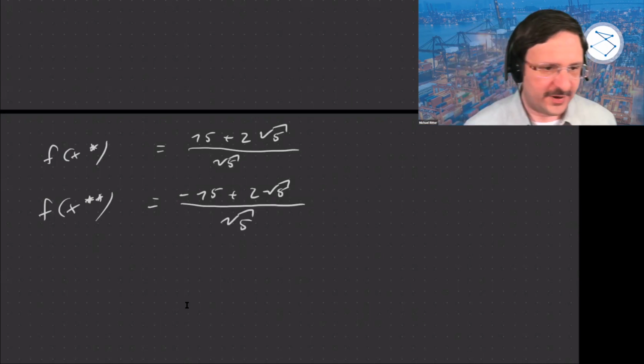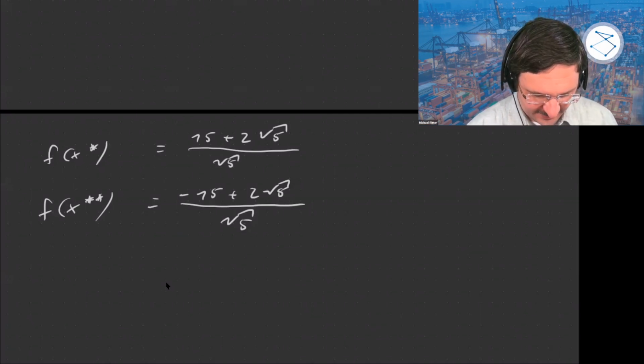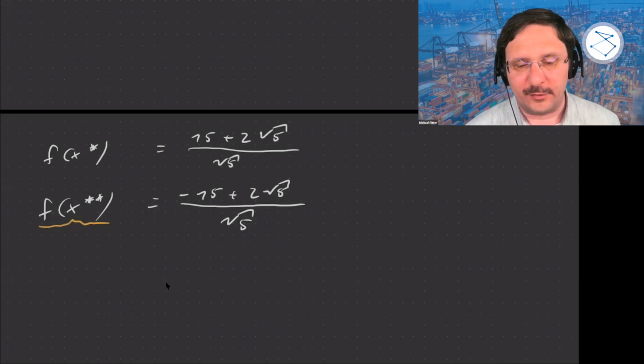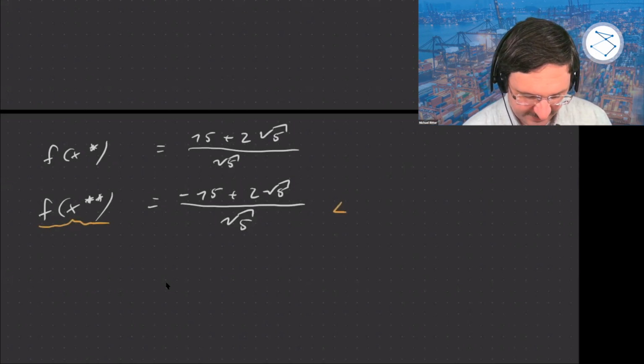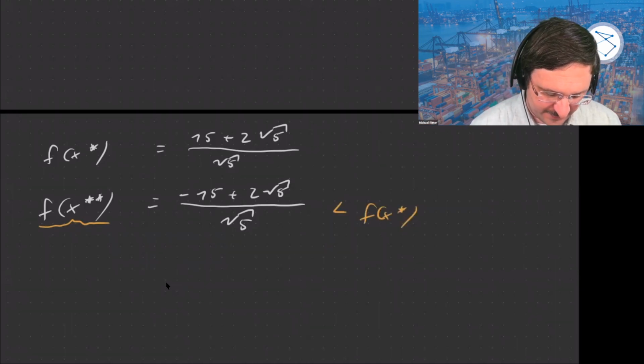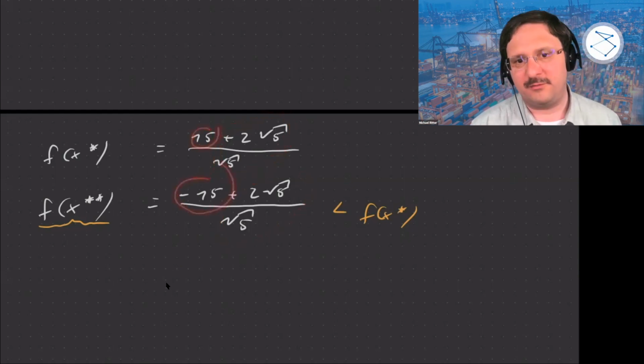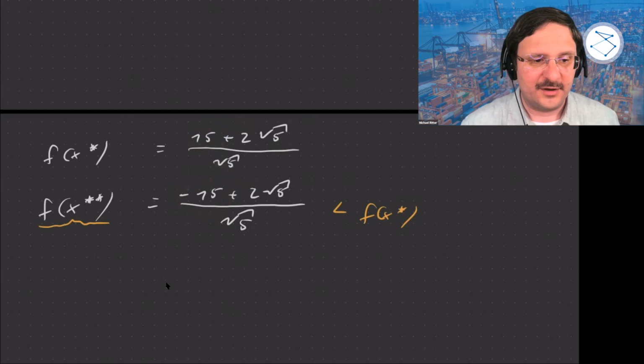Okay, so if you compare these, clearly the value of x double star is lower than f of x star, because the terms are almost the same. The only difference is here you add 15 and here you subtract 15. So of course subtracting 15 will yield the better value. So this is the minimum.